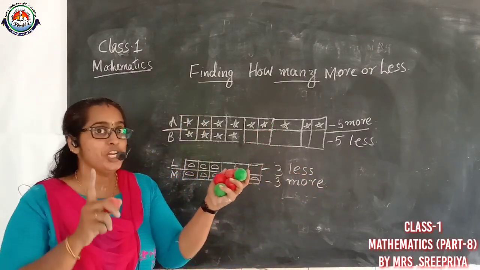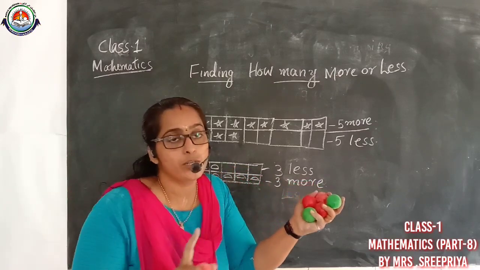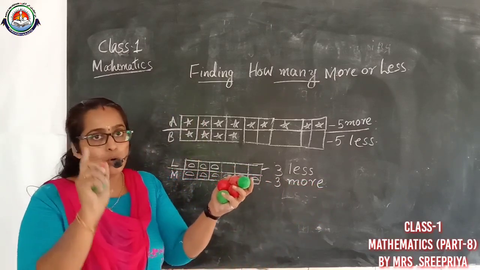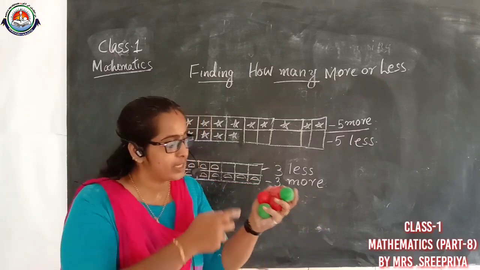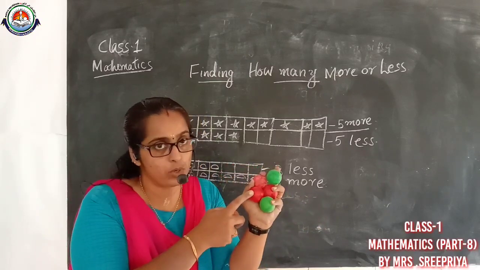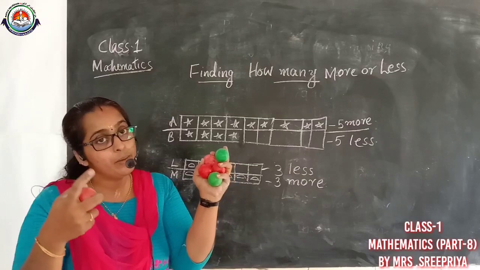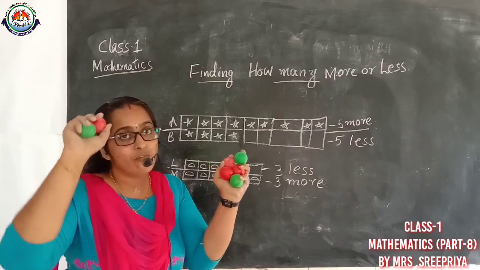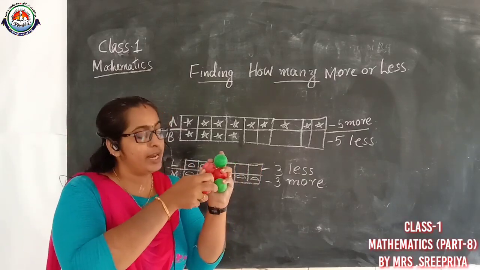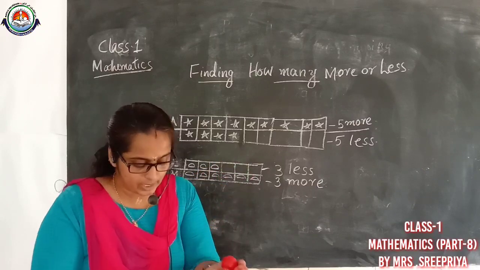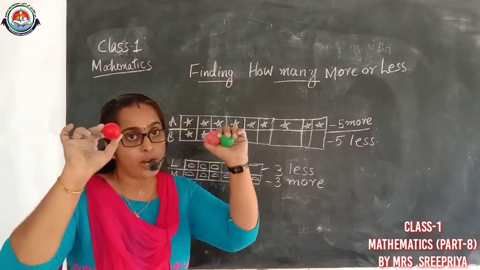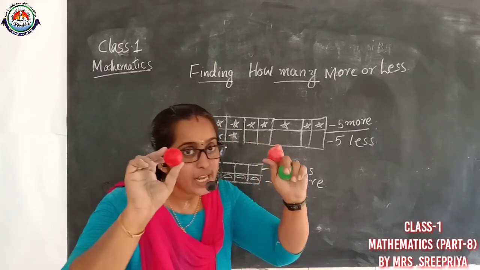Okay, so we need to check how many more balls are there. My one hand has 2 balls and another hand has 5 balls. How can we check how many more? One hand 2 are there, and in another hand I also took 2. Then how many more are there? 3 more.